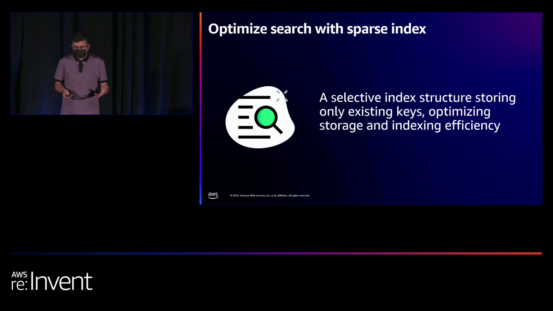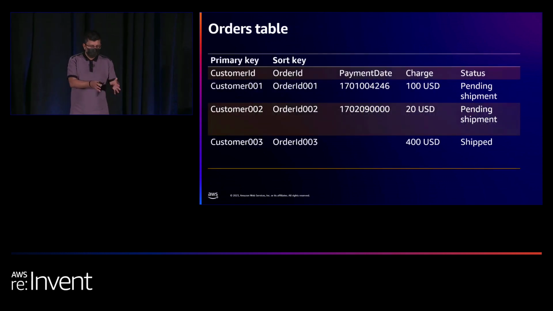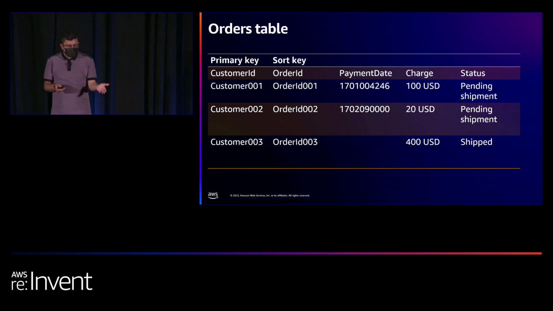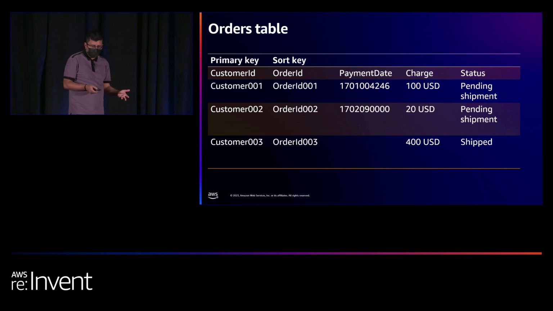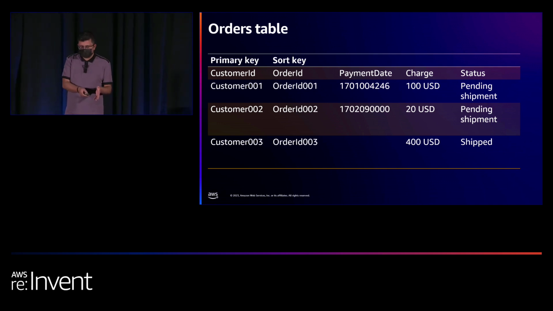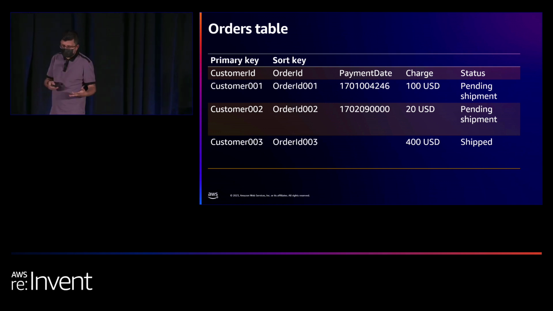Let's say your orders base table looks like this. You have the customer ID, order ID, payment date. If you look at the third one, order ID 3, it is already shipped. The customer is charged, and you don't have the payment date on this particular attribute, right? The value for the payment date is not there.